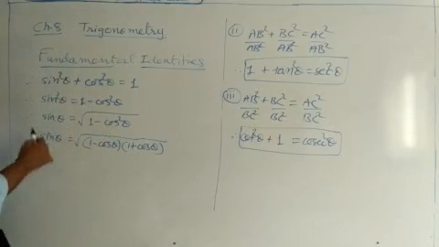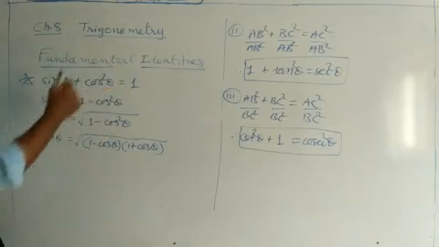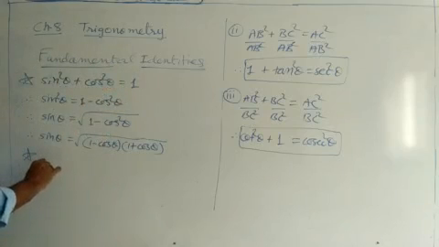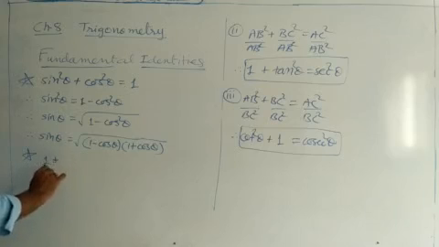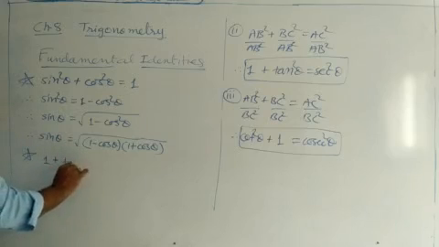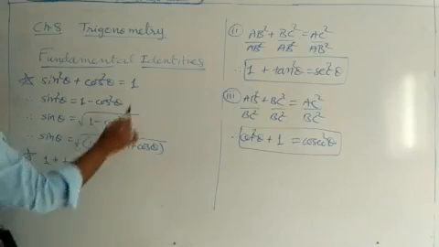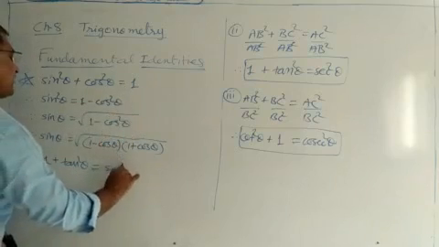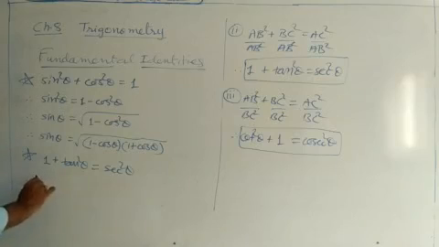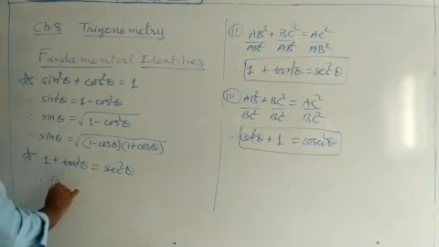So these are the different forms. For this, one more identity here, 1 plus tan square theta is equal to sec square theta. So here also we can have tan in terms of sec theta.